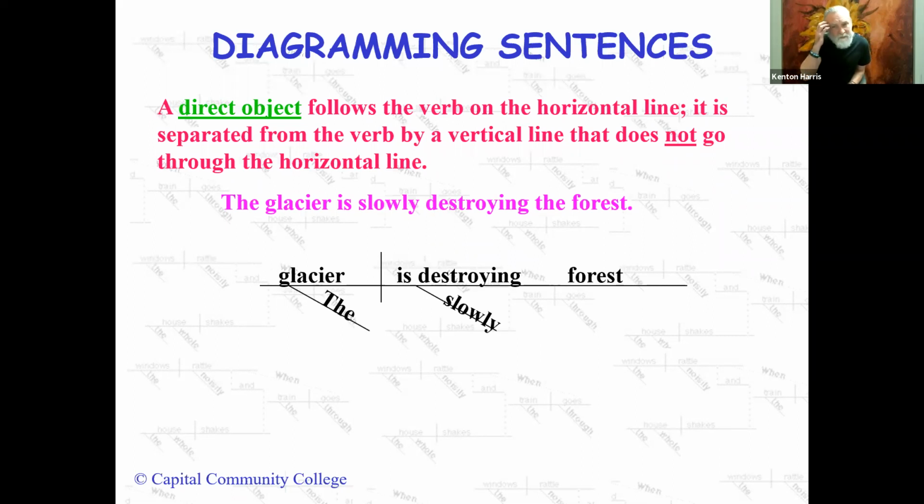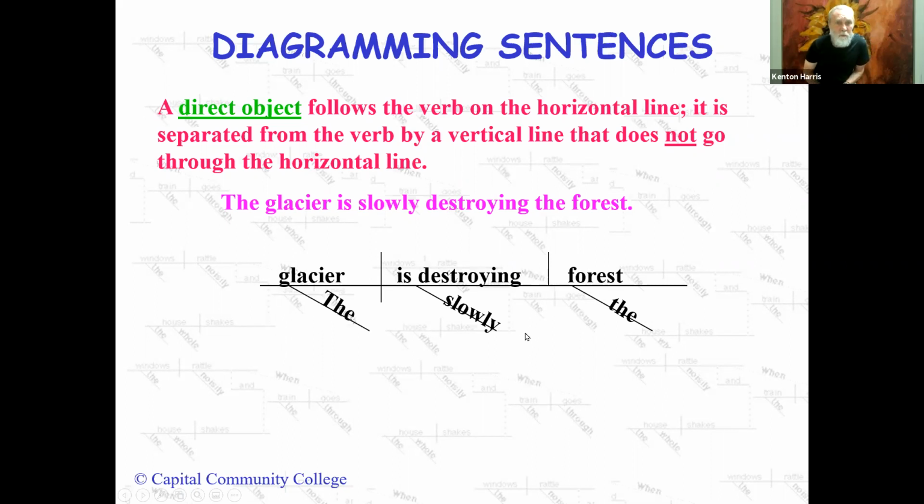But now forest is the direct object, and that goes on the horizontal line, but it has to be separated from the verb by another vertical line. But that vertical line does not go all the way through, okay? So notice the first vertical line is distinguished from the second vertical line because this one goes all the way through and this one doesn't, okay?